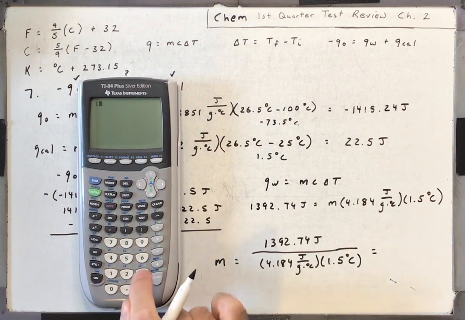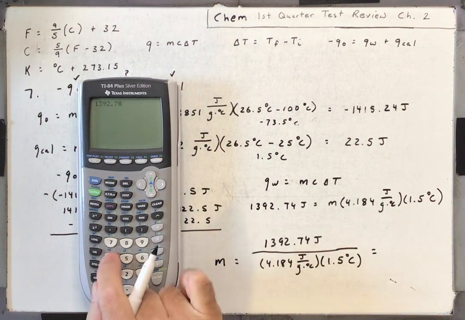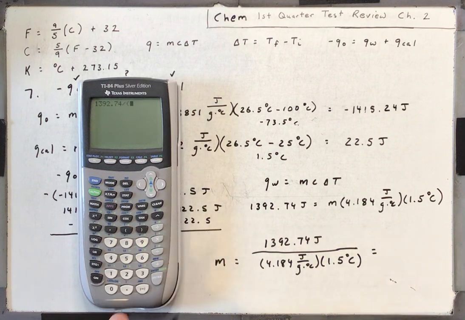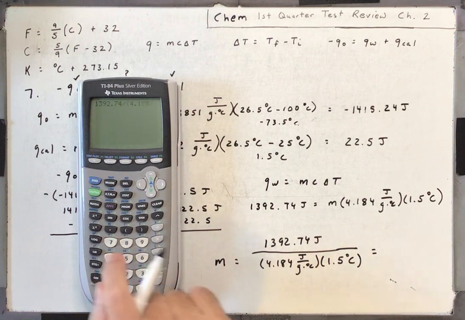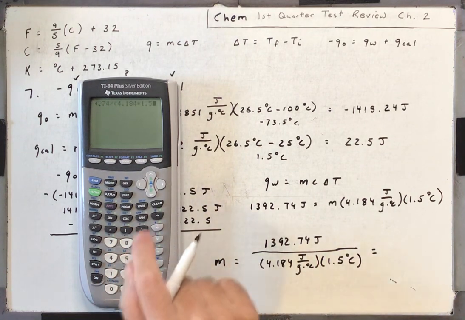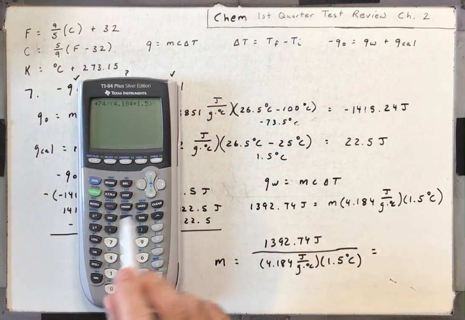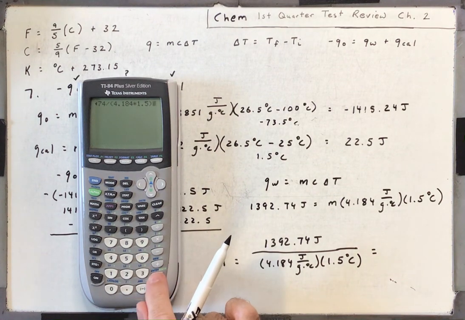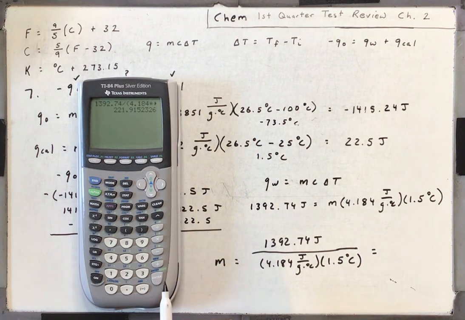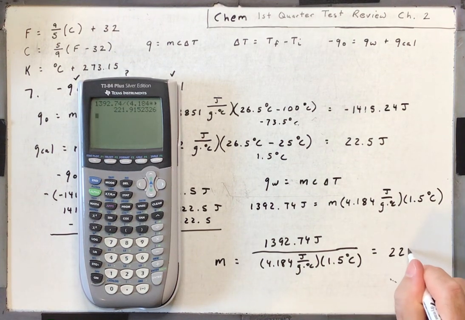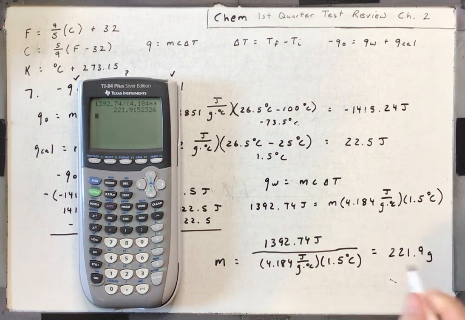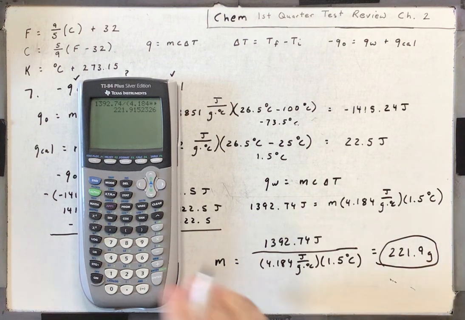All right, 1392.74 divided by left parenthesis 4.184 times 1.5. Don't put two sets of parentheses like I wrote it out here. How you write it out and how you put it in the calculator are two different things. I have had students have trouble with that sometimes. So we got 221.9 grams. That seems like a reasonable number.